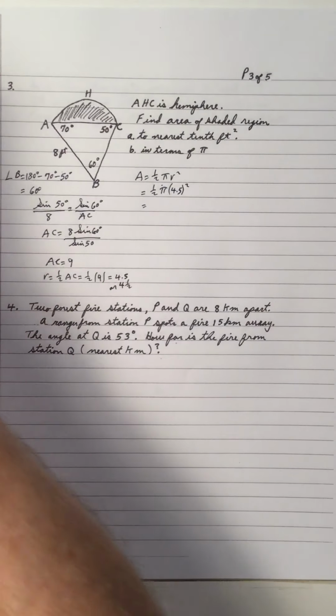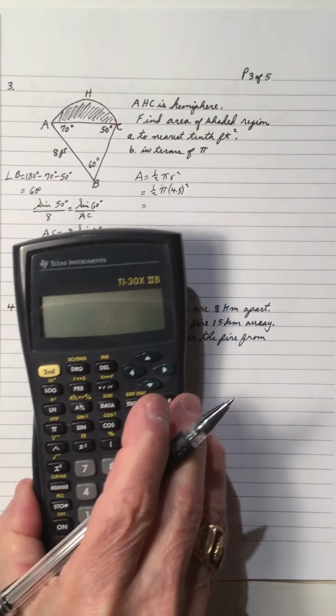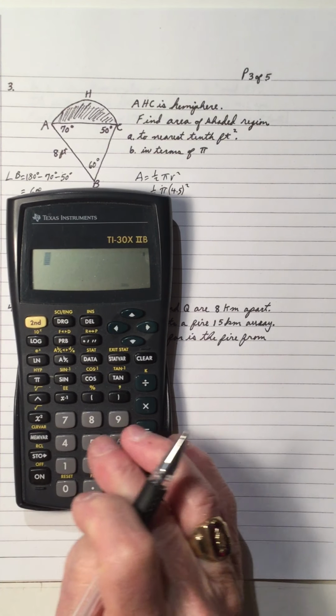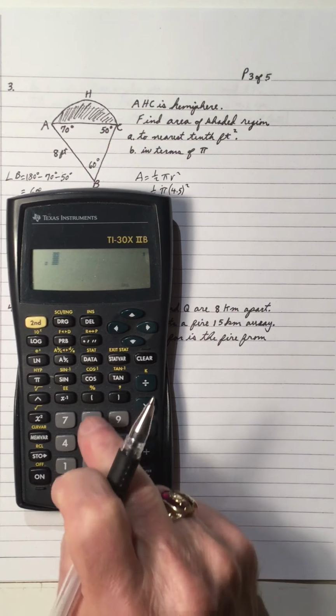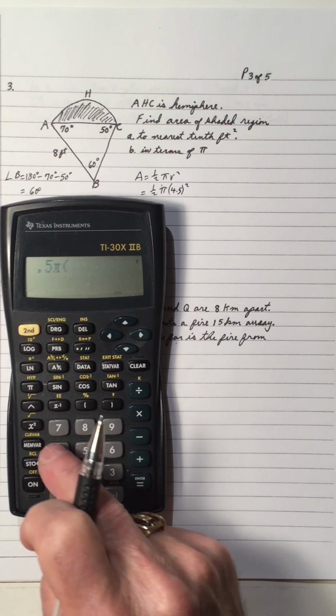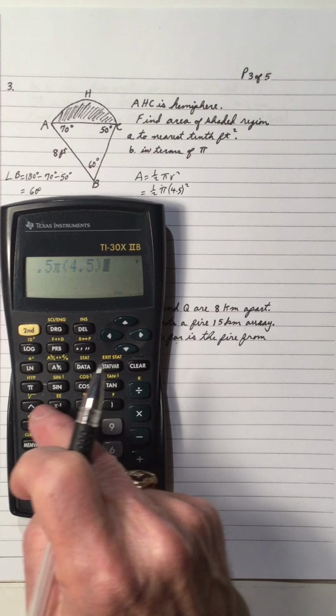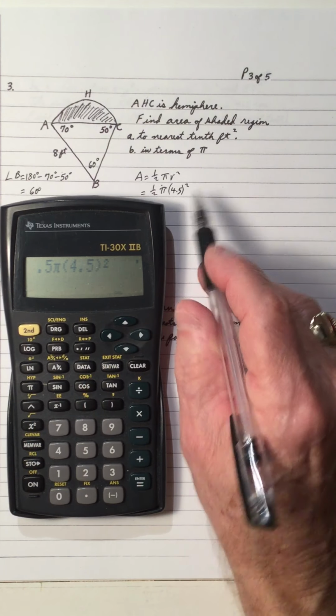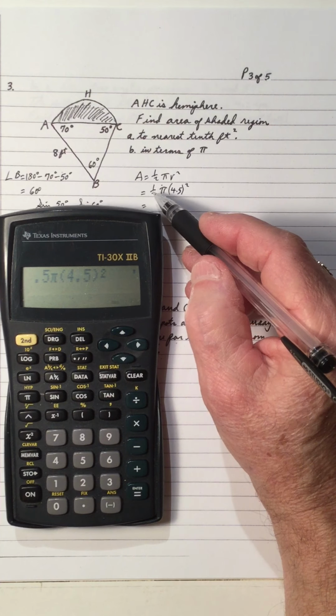If you plug all of that into a calculator, let me use the calculator now to make sure it works out, just to show you. 0.5, and I'm going to put pi in the calculator. I could put 3.14, bracket 4.5, and I'm going to square it. Notice it's written down the same as what I have right here.